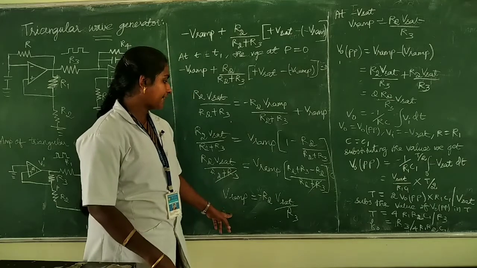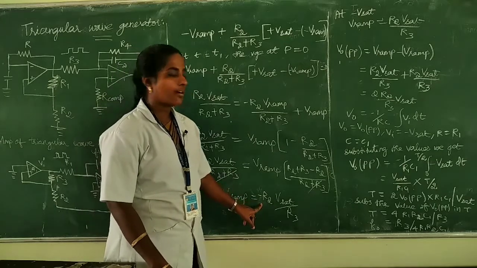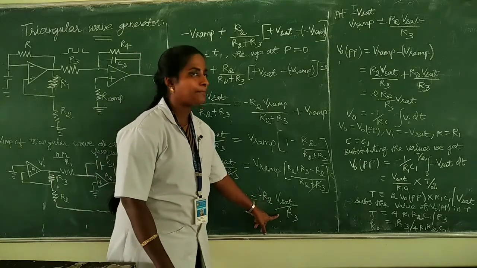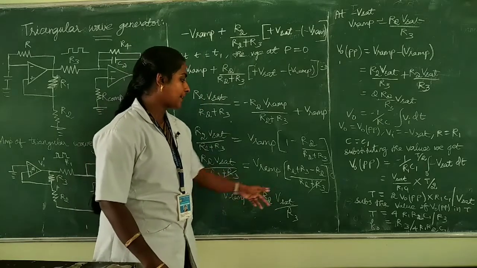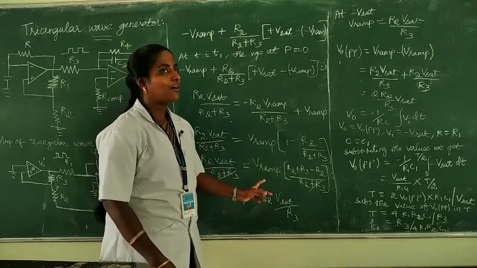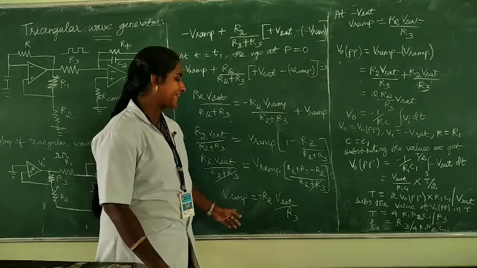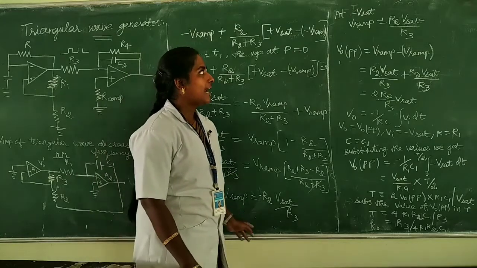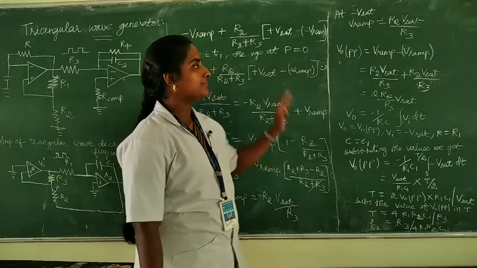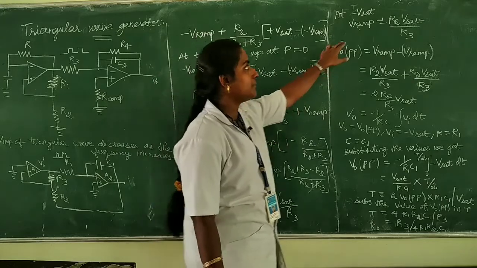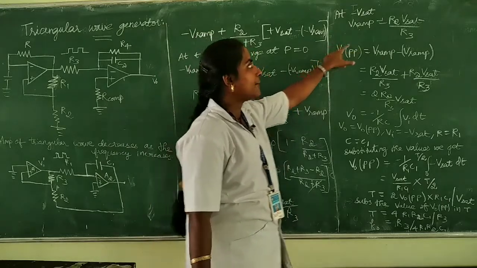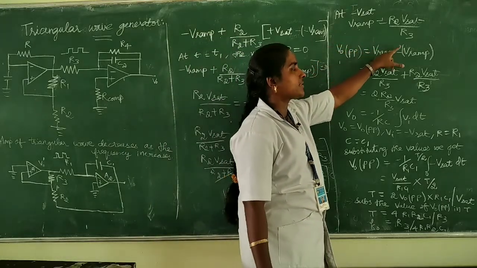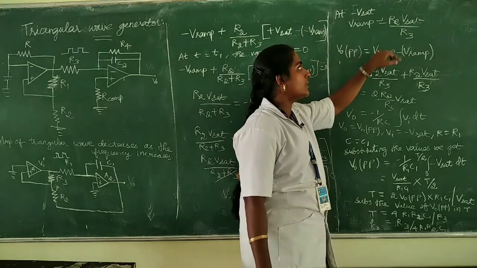So you will get V ramp is equal to minus R2 V saturation divided by R3. Now we have found the value of the outgoing ramp voltage. At minus V saturation we will get V ramp is equal to R2 V saturation divided by R3.